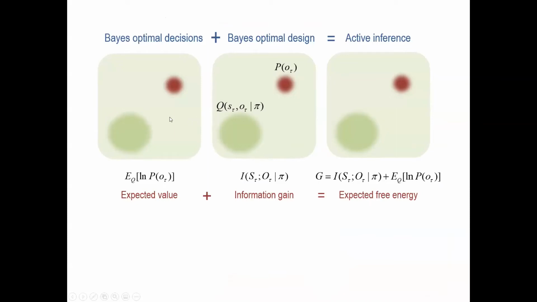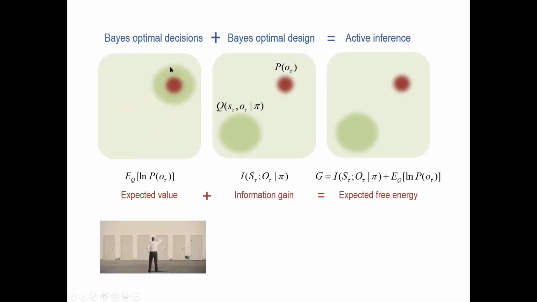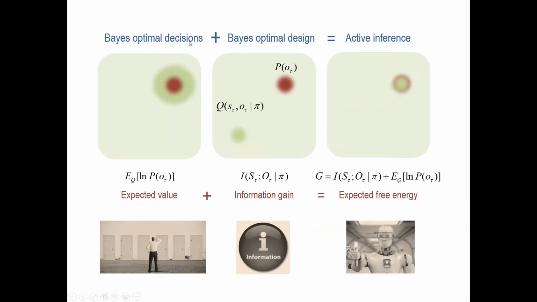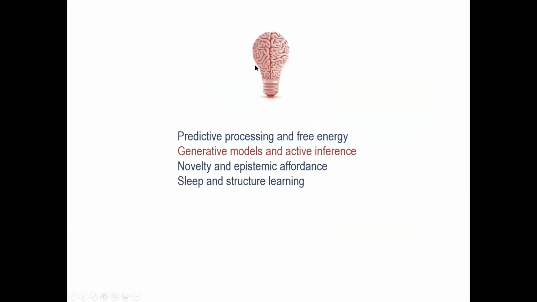And we can decompose that into expected value, where we're not changing our uncertainty about the beliefs, plus a bit which is much more about foraging for data and then shrinking our uncertainty to have a more precise posterior. And then when we put them together, we get this mixture of explorative and exploitative behavior that combines the notions of Bayes optimal decision making and optimal Bayesian experimental design.